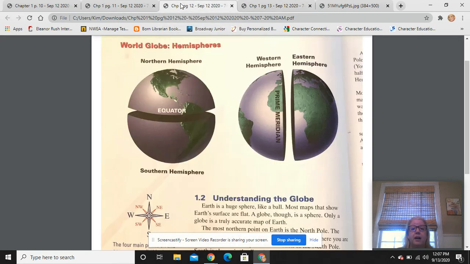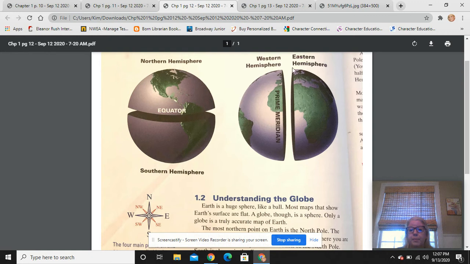So let's go back. Here we have the prime meridian running right here. It's that imaginary line that runs from the North Pole to the South Pole and kind of chops the earth in half. Remember our compass rose, here's west. To the west of the prime meridian is the western hemisphere.